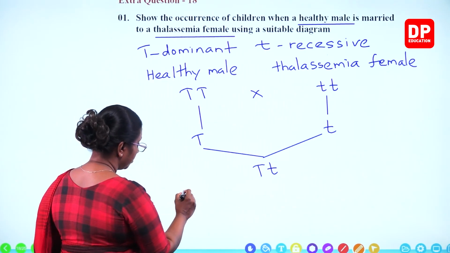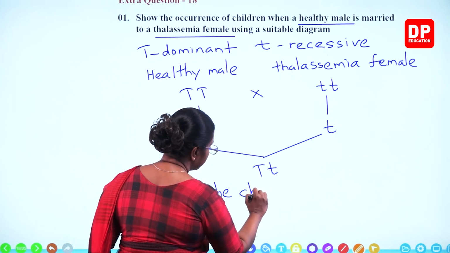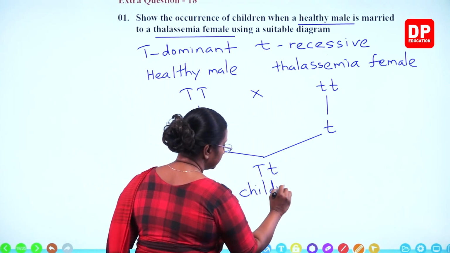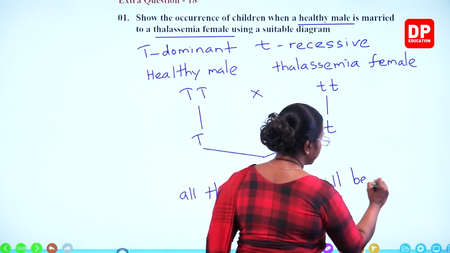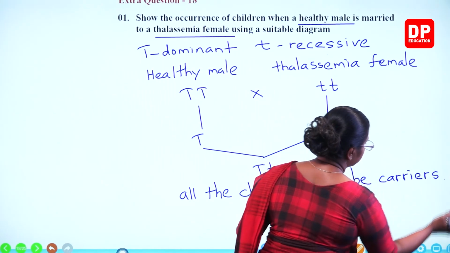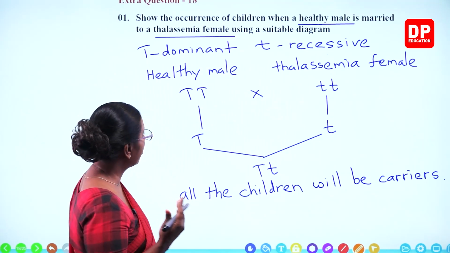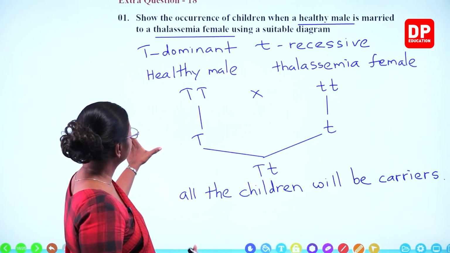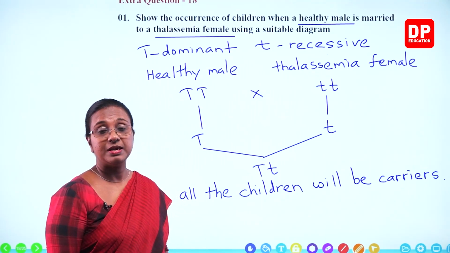Carrier. So all the children will be carriers. So irrespective of whether they are daughters or sons, they will be all carriers. Because father is healthy, mother is a thalassemia patient.